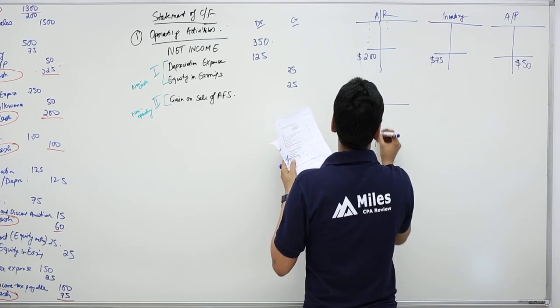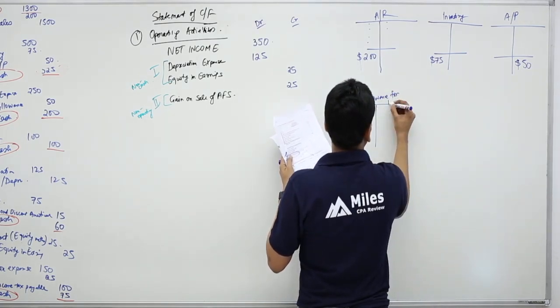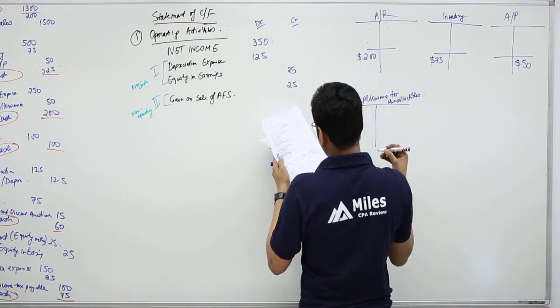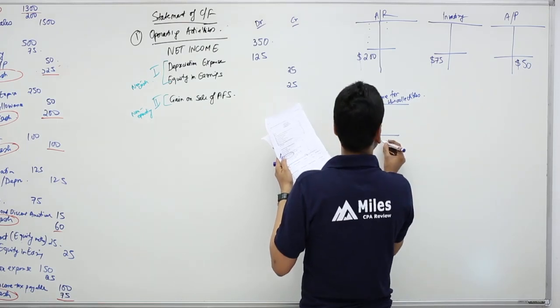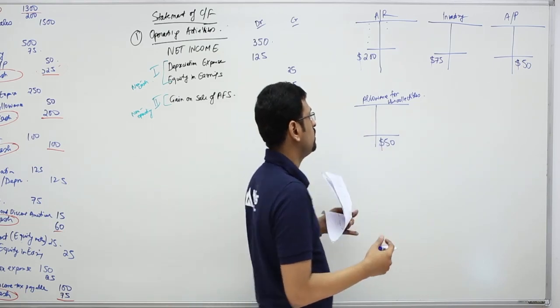Increase in allowance for uncollectibles: an increase in that allowance means you're going to have a credit of 50. Allowance is a credit account. Increase means credit 50.